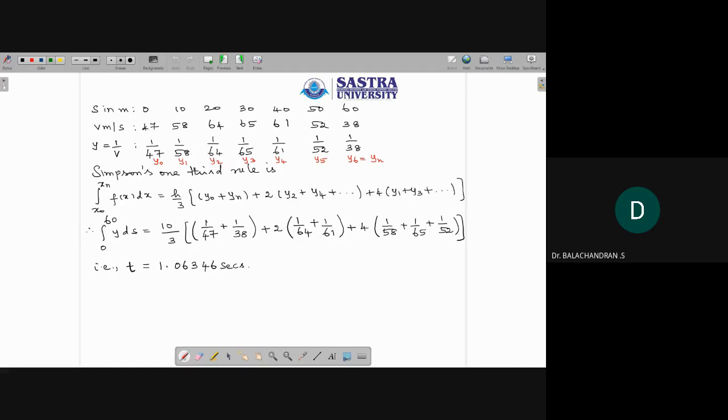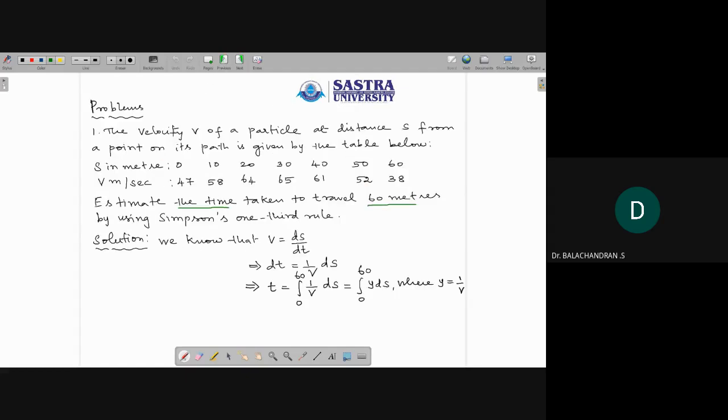Okay. Now Simpson's one-third rule. Okay, so the number of intervals is what? Totally 6: 1, 2, 3, 4, 5, 6. So 6 is an even number. So even you can apply Simpson's 3/8 rule, but here they are asking only Simpson's one-third rule.